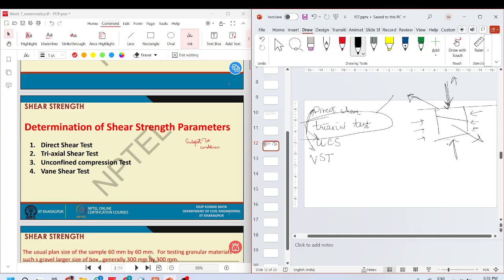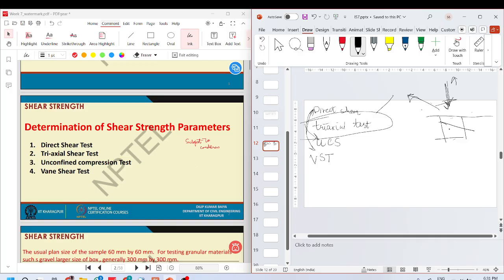So you will have a shear stress on these faces, something like this. This will be the failure.